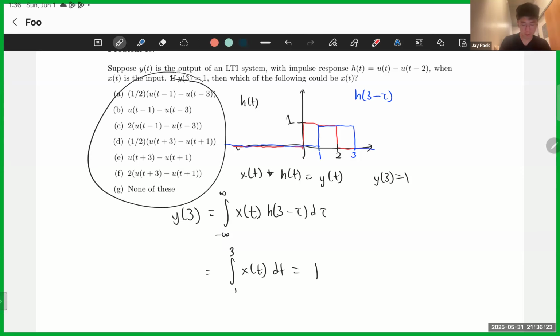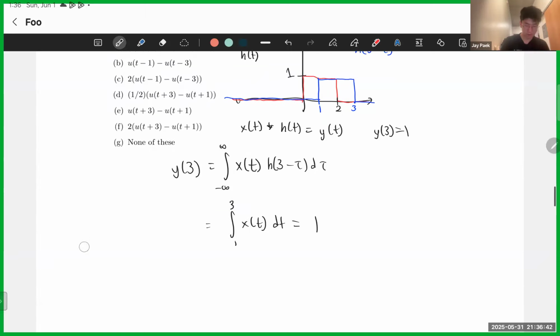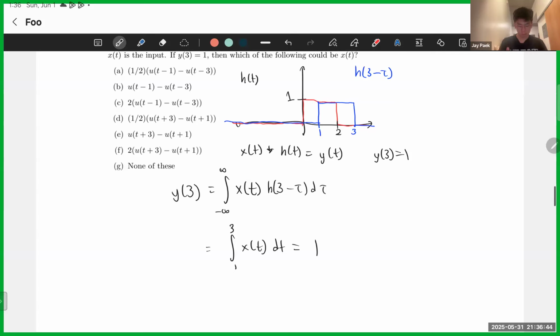And so let's observe all these answer choices. I'll tell you why each one is not. This one depends on how you understand unit step functions and how they behave. Clearly, every single one of these answer choices is a difference of unit step functions. And so it suffices to understand the ins and outs of how you can perceive an input in these kinds of combinations of unit step functions.